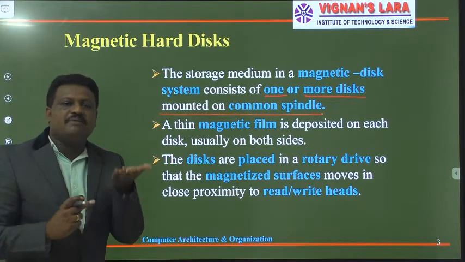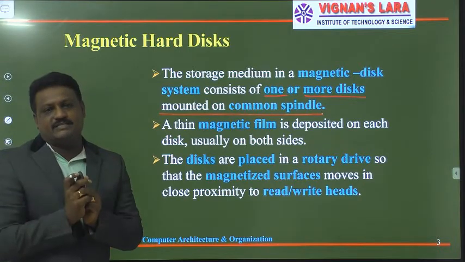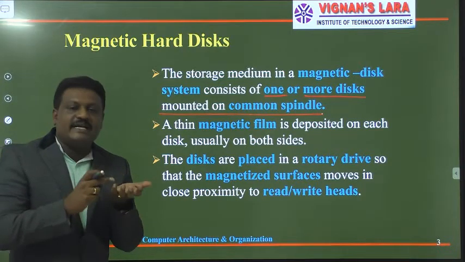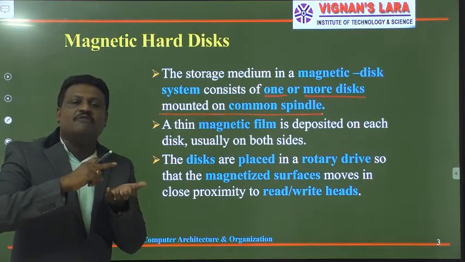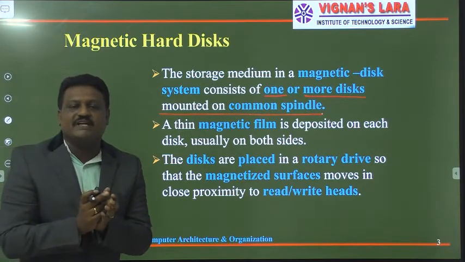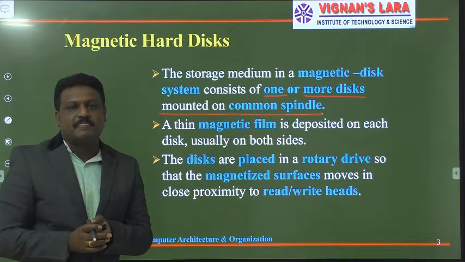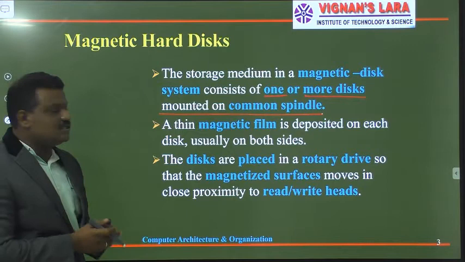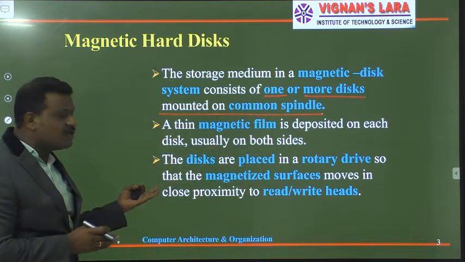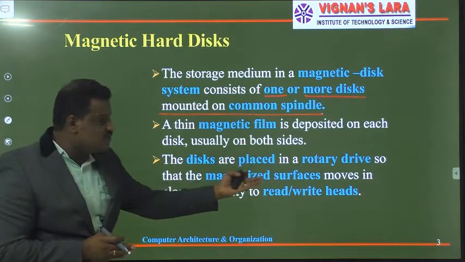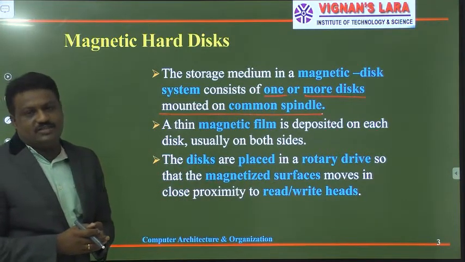That means beneath your read-write head, your disk rotates like this. The side which faces your read-write head is the side that has a magnetized coating. That means on that side we copy the information. So the meaning is that the disks are placed in a rotary drive so that the magnetized surfaces move in close proximity to the read-write heads.